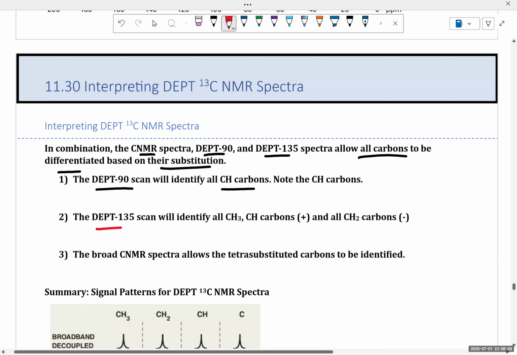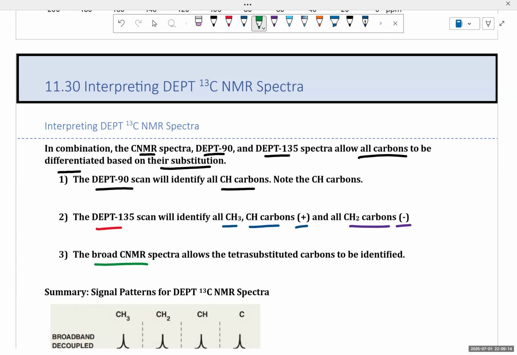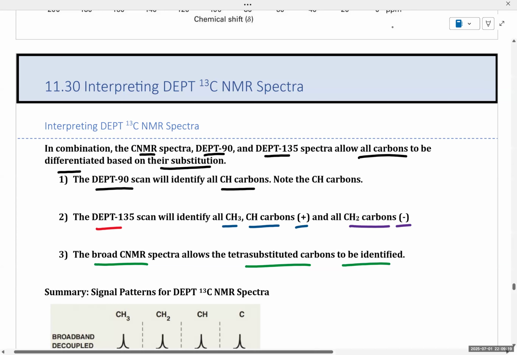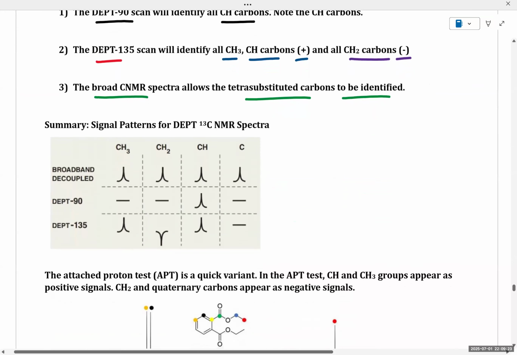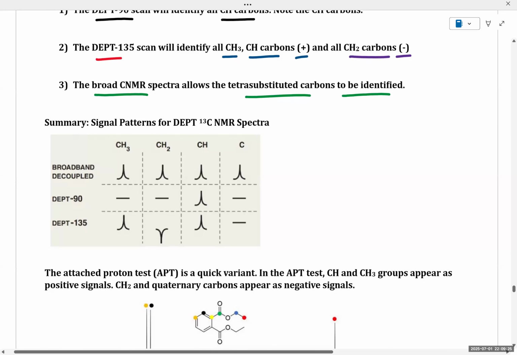Next, the DEPT 135 spectra will identify all CH and CH3 carbons as positive signals and all CH2 carbons as negative signals. Finally, the broad carbon NMR spectra allows the tetrasubstituted carbons to be identified. So here's a summary of the signal patterns for DEPT carbon-13 spectra.